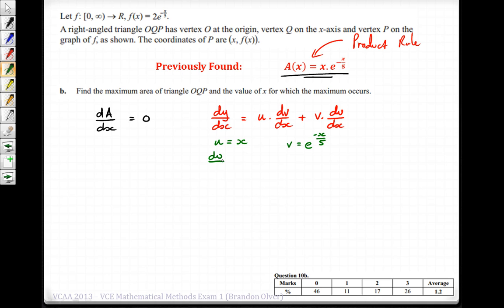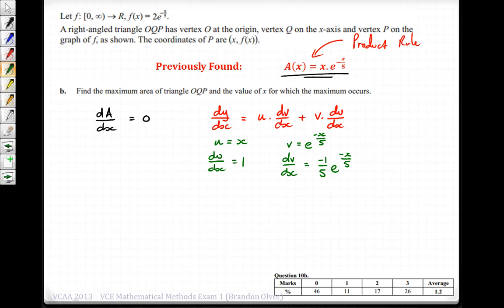So du dx is just equal to 1, and dv dx is just equal to, so the derivative is going to be negative a fifth, so we bring the coefficient out, e to the power of negative x on 5. Hopefully I haven't got anything wrong there.